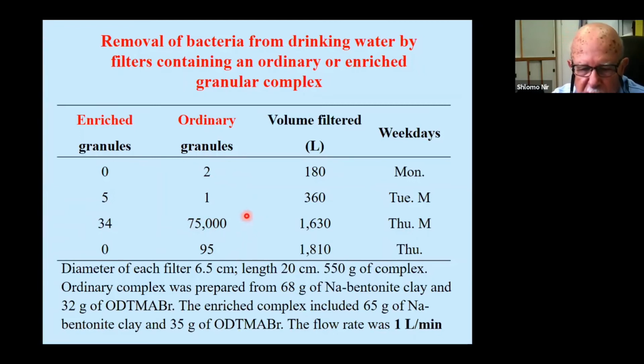Most of the time, as I mentioned, the filters were not operative, so the bacteria in the pores could, during this time, multiply many times. So in this case, the result was 75,000 emerging at the end, but in this case it was small because the solution included a larger number of free cations which abolished their activity to multiply.